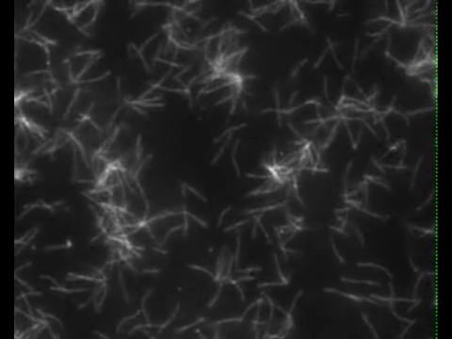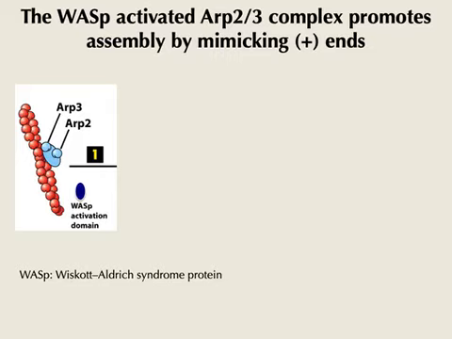And it's recapitulated in particular using this complex called ARP2/3. ARP stands for actin-related protein. These are proteins that resemble actin, and they tend to bind here on the side of actin filaments.